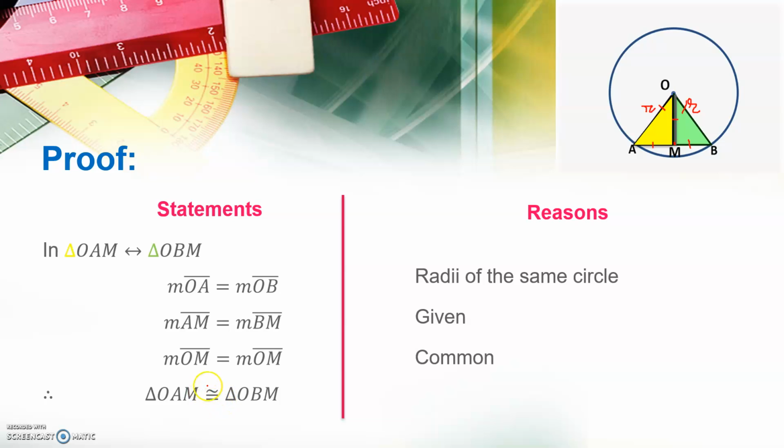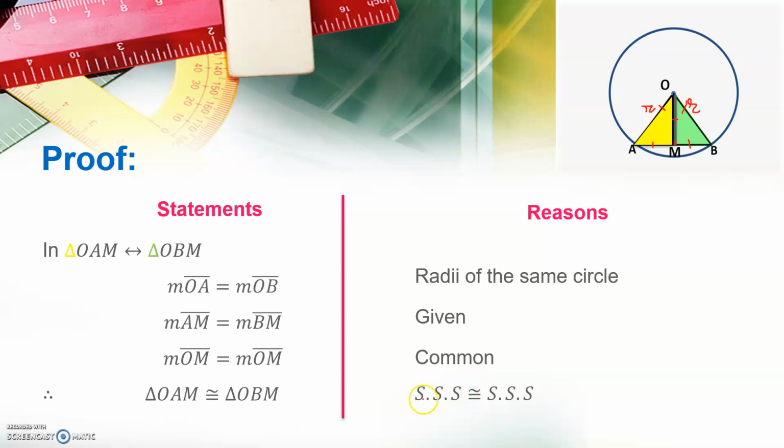This is the symbol or sign of congruent. Congruent means these two triangles are the same with respect to size and shape. And we proved this, and we can say triangle OAM is congruent to triangle OBM by the SSS postulate.